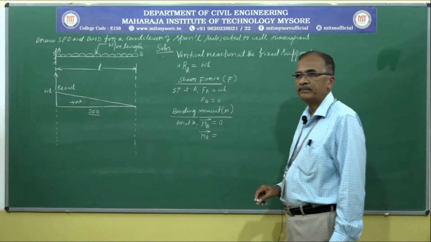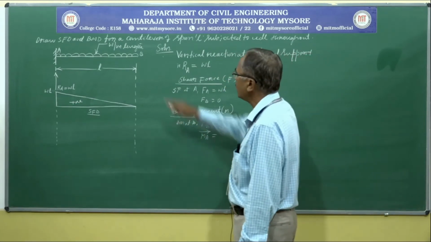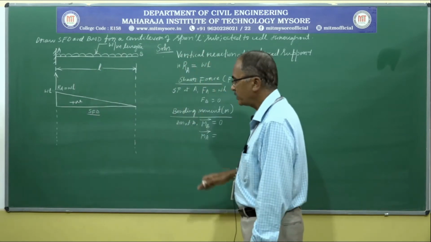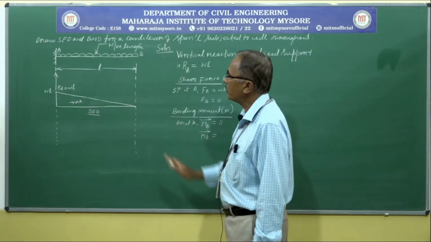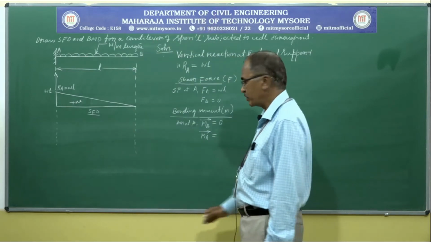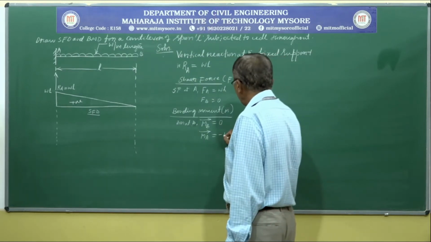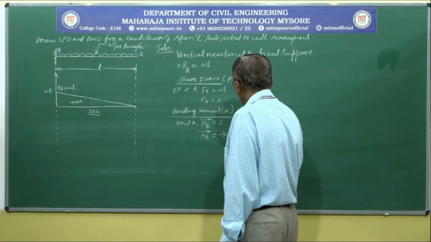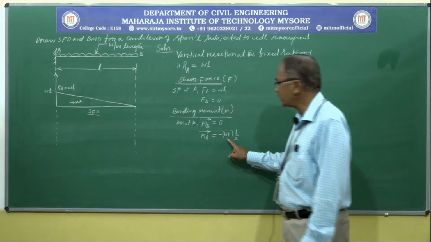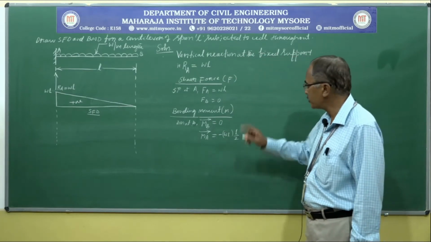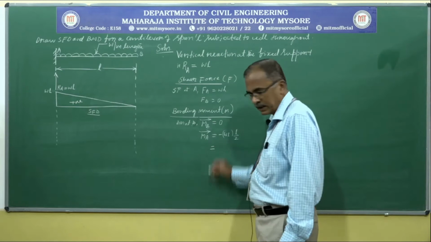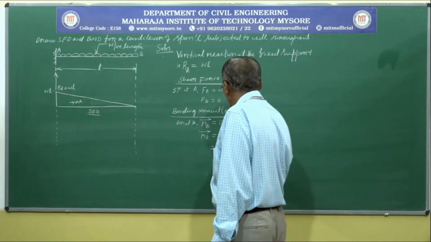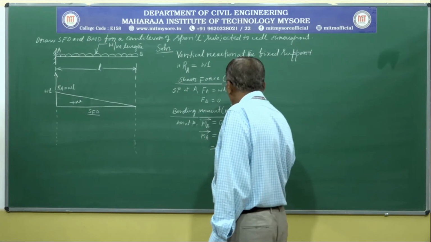There is UDL. Convert the UDL to a point load, and this point load will create a clockwise moment to the right side, as this clockwise moment will lift the beam in the upward direction, a hogging bending moment. So minus W into L into L by 2. W into L is the point load and it is acting at the mid span. Solving this, you will get minus W L square by 2.